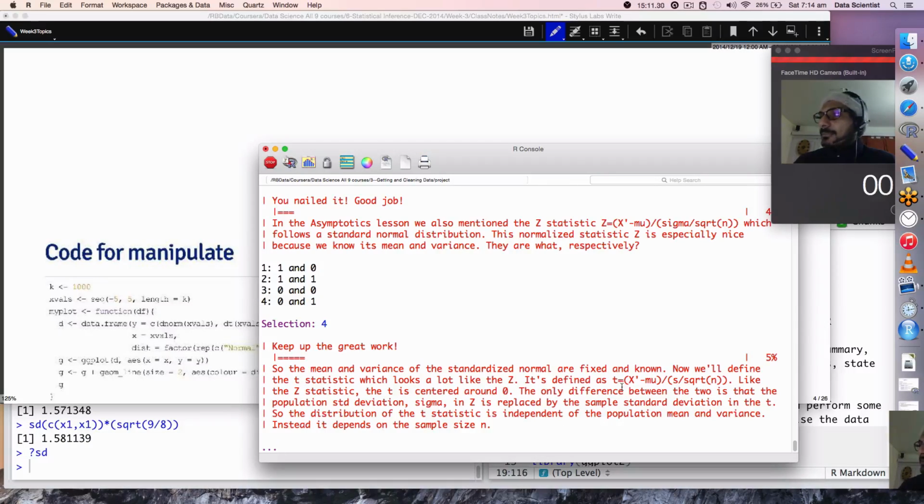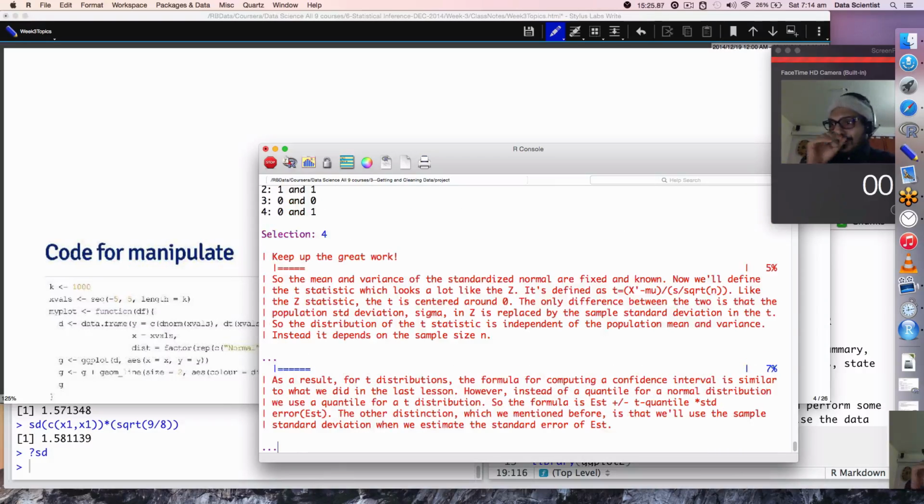But I guess it still depends on mu, so I still have to verify this, but I think it is only that it doesn't depend on the variance.